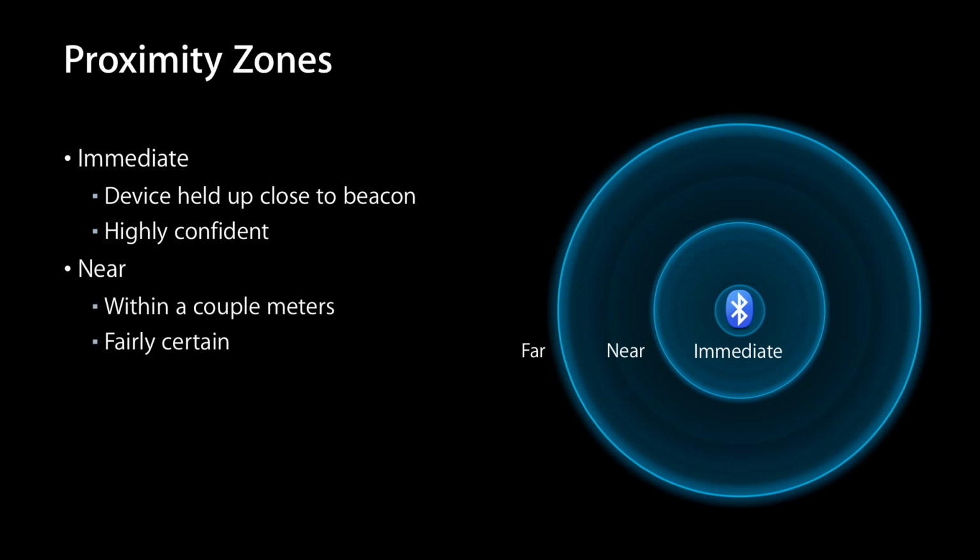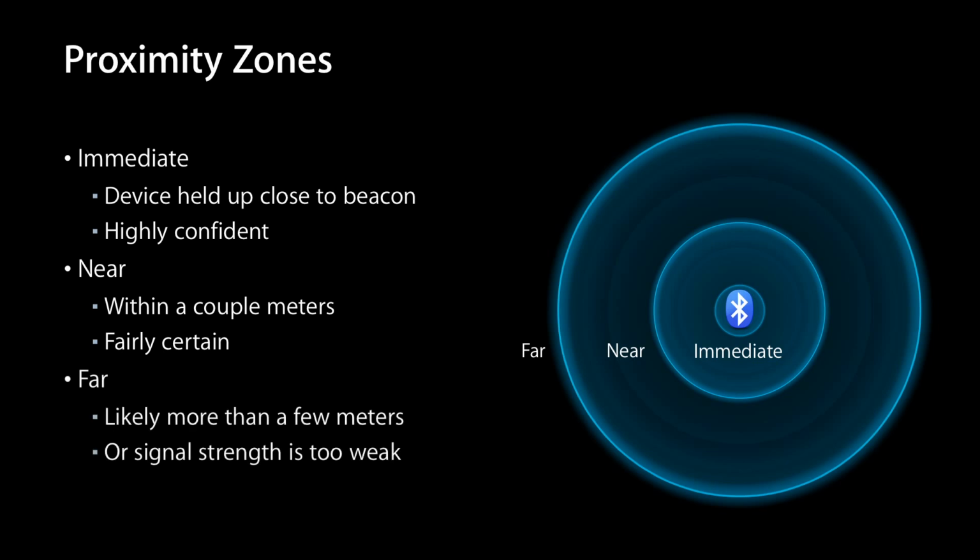We probably still have a good signal strength, so we have reasonable confidence on the accuracy of that proximity. That might be here in this immediate area, the first few rows or so. Going beyond that is what we call the far zone. That's more than a few meters, up towards the edge of the Bluetooth signal, or it may just be reported if the signal strength is not strong enough.